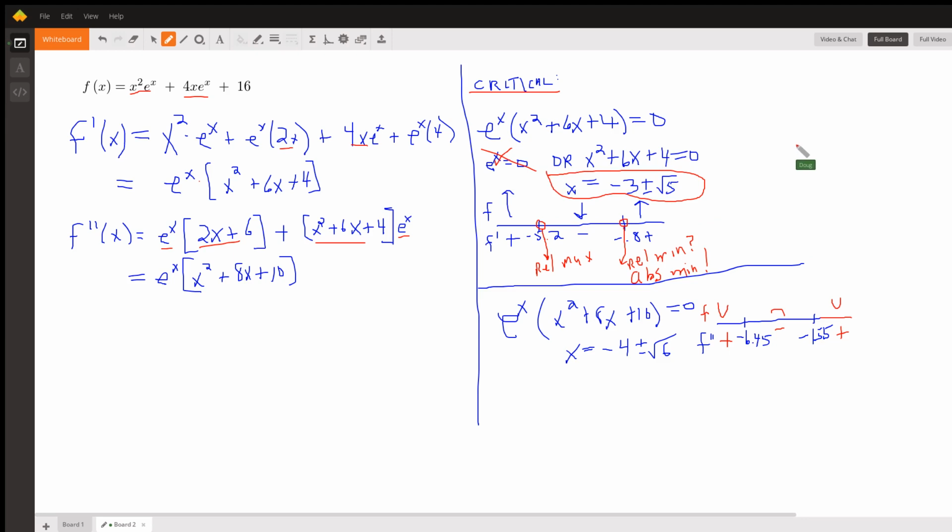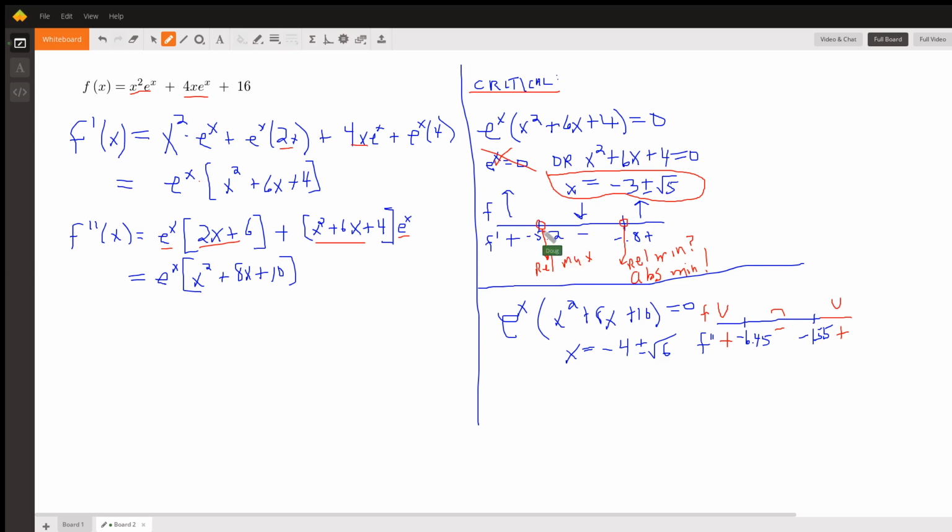You can use completing the square and the square root property, or you can use the quadratic formula. Either way, the critical numbers are -3 plus or minus the square root of 5. I estimated those values as about -0.8 and -5.2.